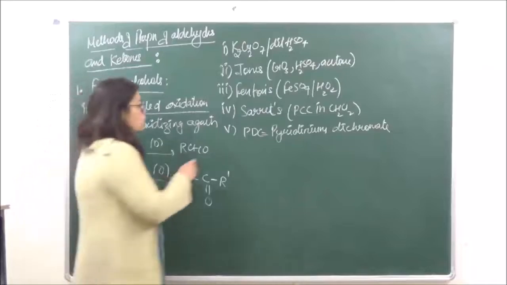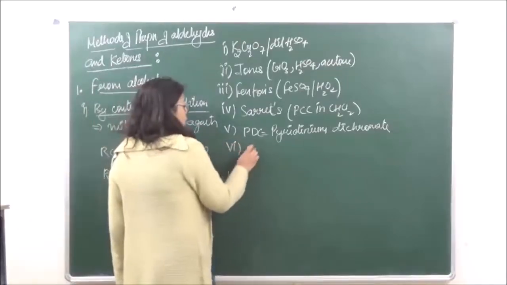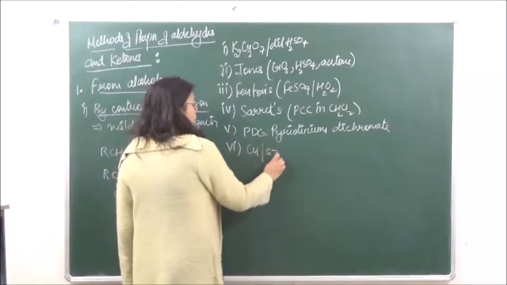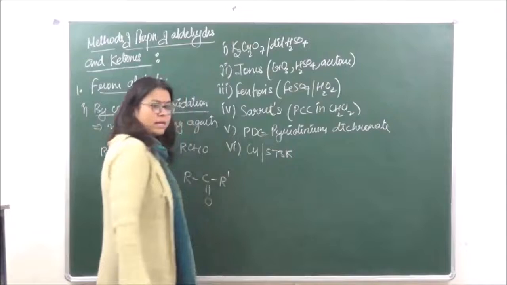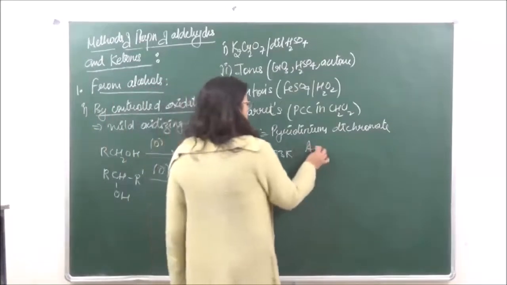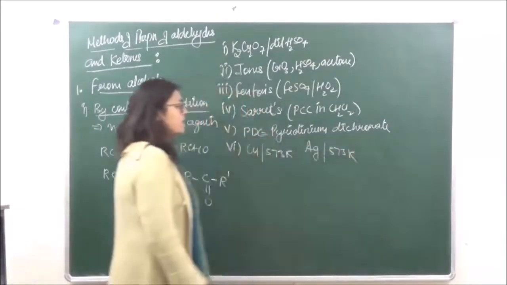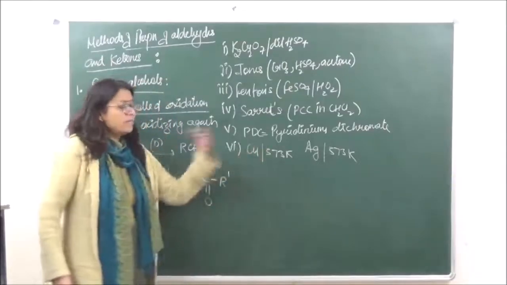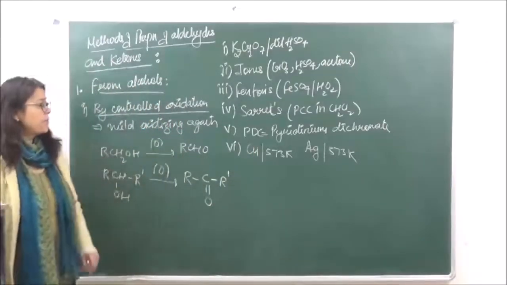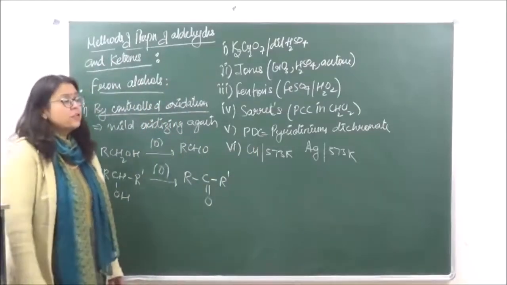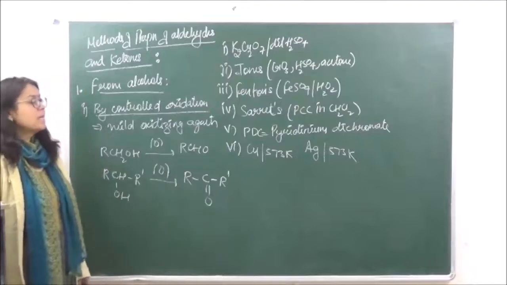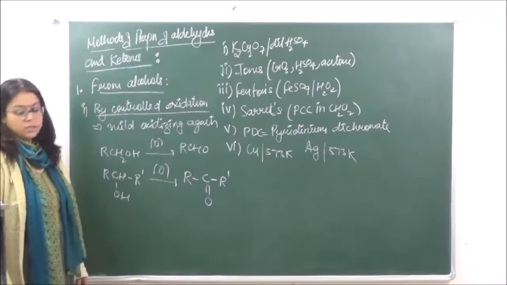Then we can also use copper at a temperature of 573 Kelvin, or silver at the same temperature of 573 Kelvin. The reactions we carry out with copper and silver are better known as dehydrogenation reactions rather than oxidation reactions.